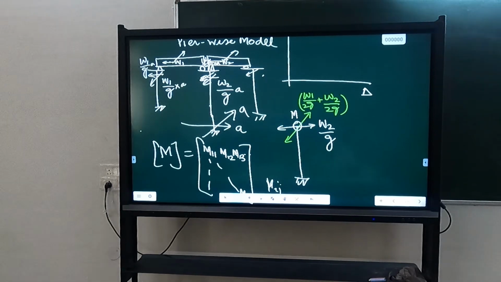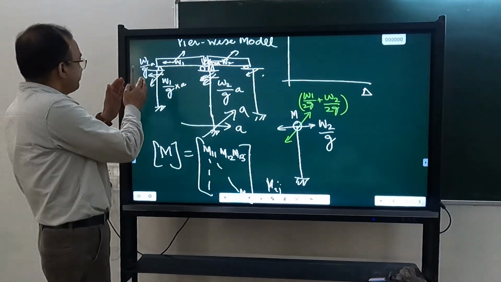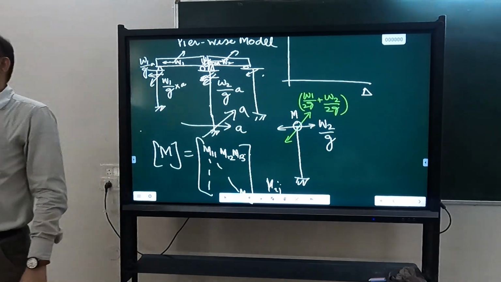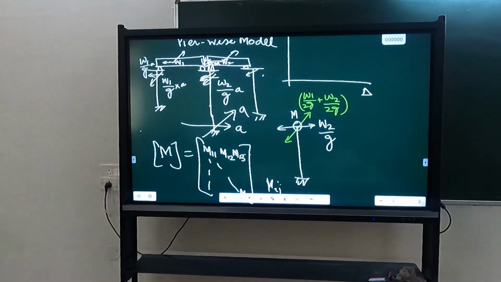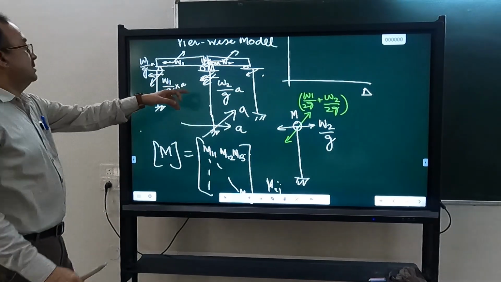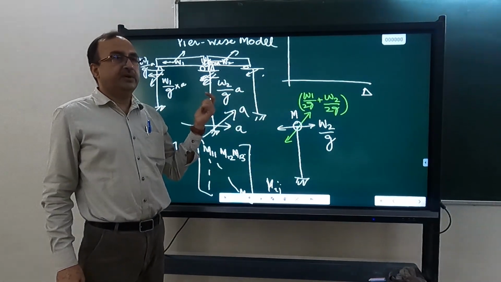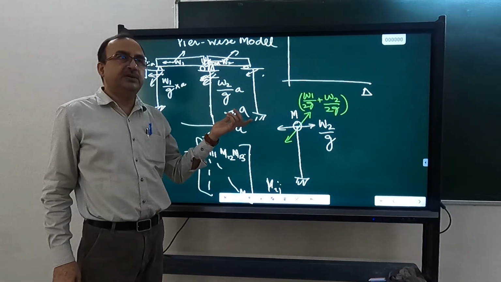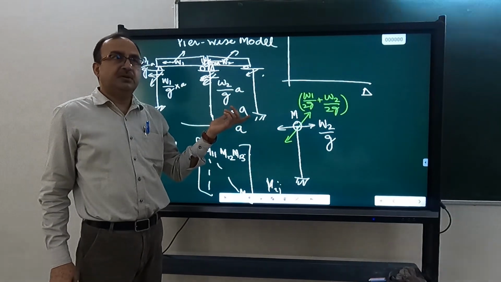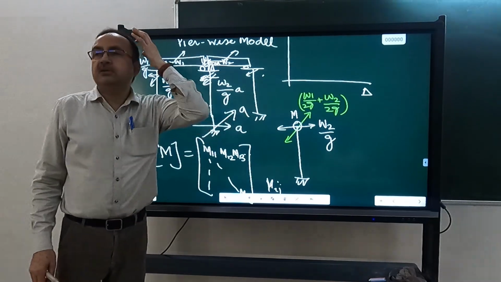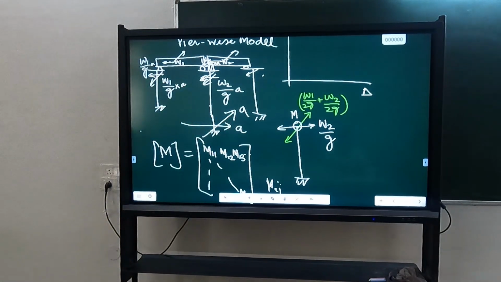I can develop separate capacity curves for these piers, but I have to keep in mind that the mass is going to be different. Have we considered mass anywhere so far in our capacity curve? No. So this will come into picture when we try to get the response.